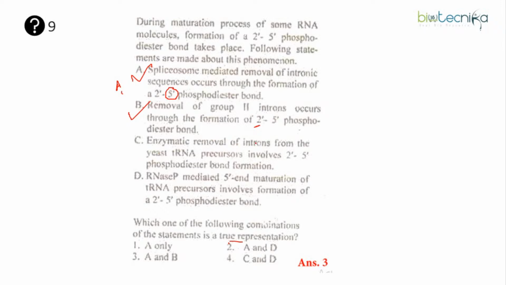Now, removal of introns from the yeast tRNA precursors involves 2'-5'? This is wrong. RNase P mediated 5' end maturation of tRNA precursors involves formation of 2'-5'? No, this is also wrong. Only in spliceosomal introns and in group 2 introns do you have a 2'-5' phosphodiester formation.